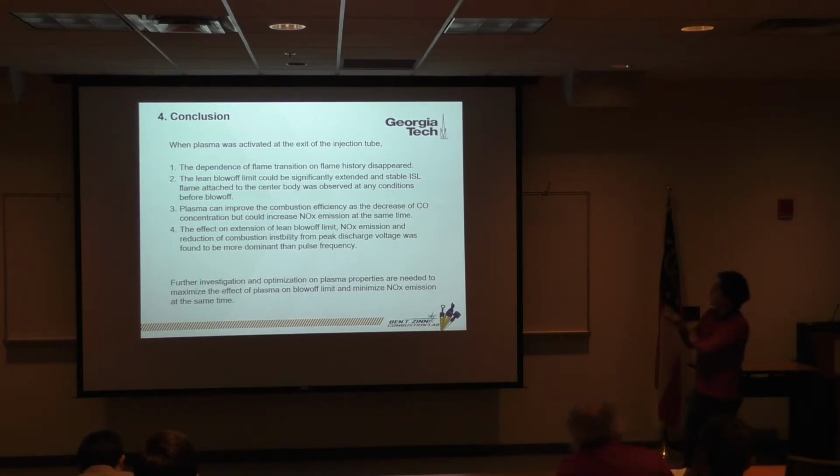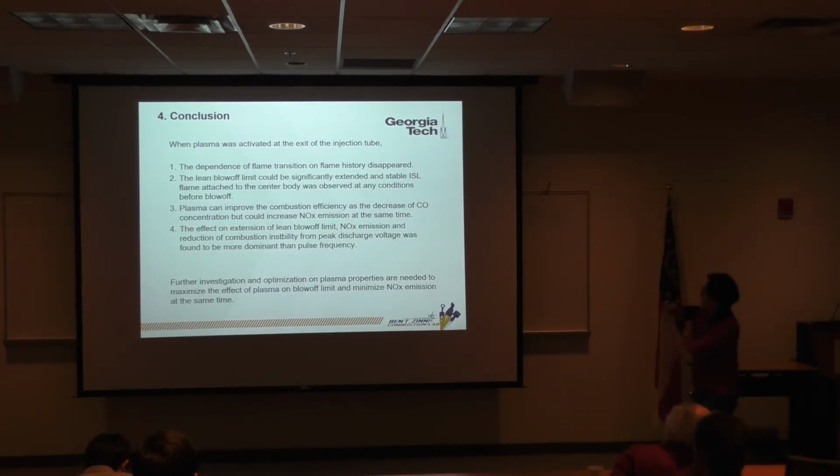And also plasma can improve the combustion efficiency, as shown by the decrease of CO concentration, but could increase NOx emission at the same time. The effect on extension of the lean-blowoff limit, NOx emission, and reduction of combustion instability from peak discharge voltage was found to be more dominant than pulse frequency.